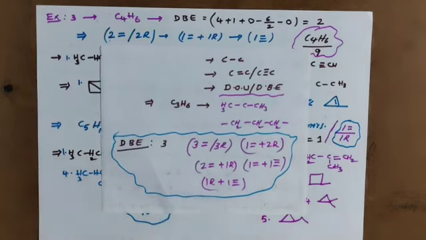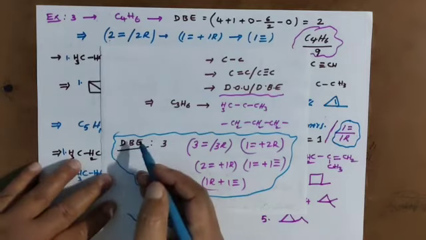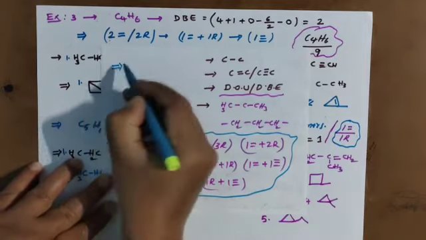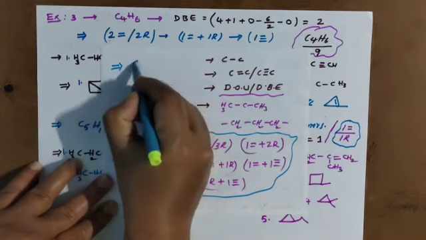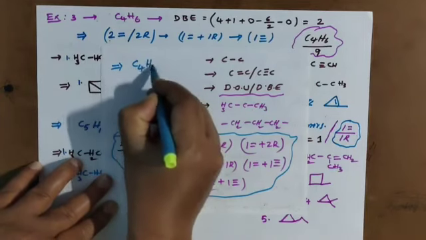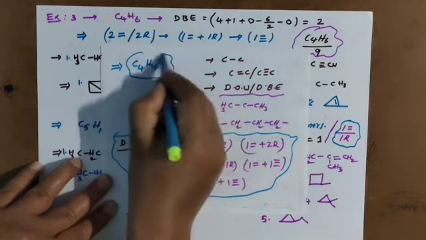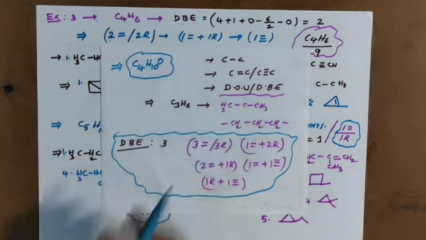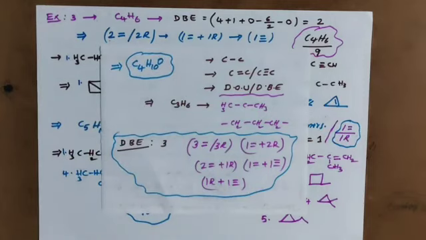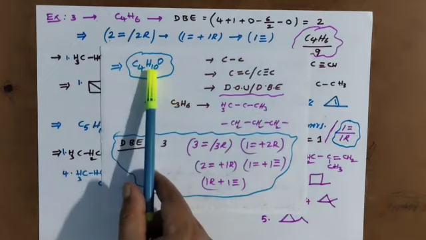And with DBE 1 and 2 I explained, that is a total of 3 examples. Take a few examples on your own, and I am giving one compound to you. How many structural isomers are possible for C4H10O? C4H10O. You can go for it with this.